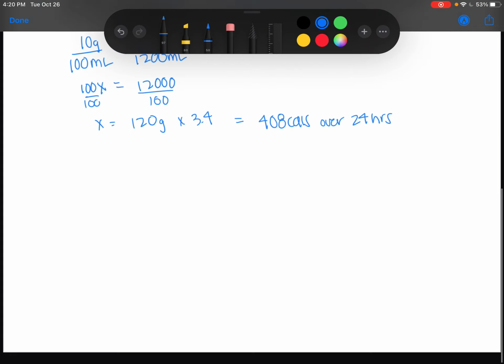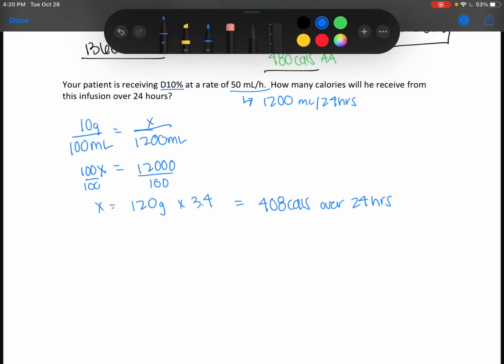So the other way you can do it, if you didn't want to multiply by 24 at the beginning, it's the same process. So you would do 10 grams over 100 mils. And instead of multiplying, you will just keep the 50. 100x equals 500 after multiplying. Divide by 100, and you get x equals 5. And so this is our grams for the hour.